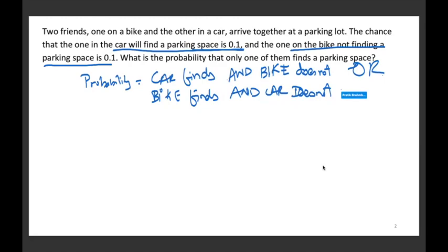In order to find the probability that only one of them finds the parking space, we have two scenarios. One is where the car finds and the bike does not, or the bike finds and the car does not.